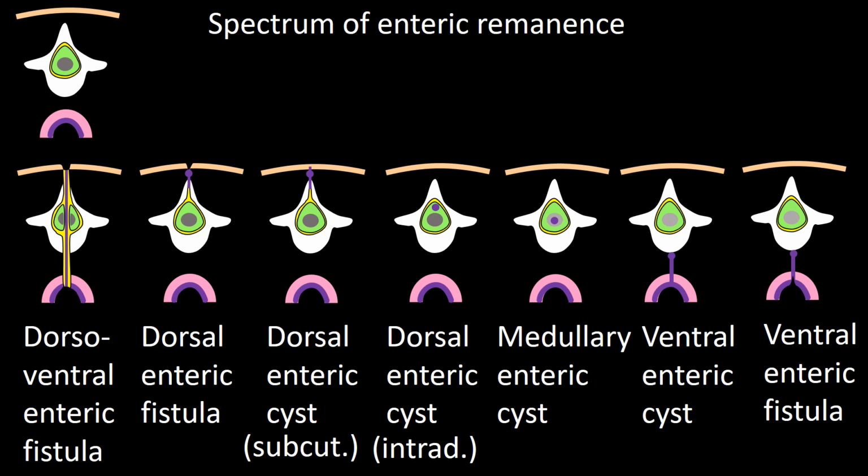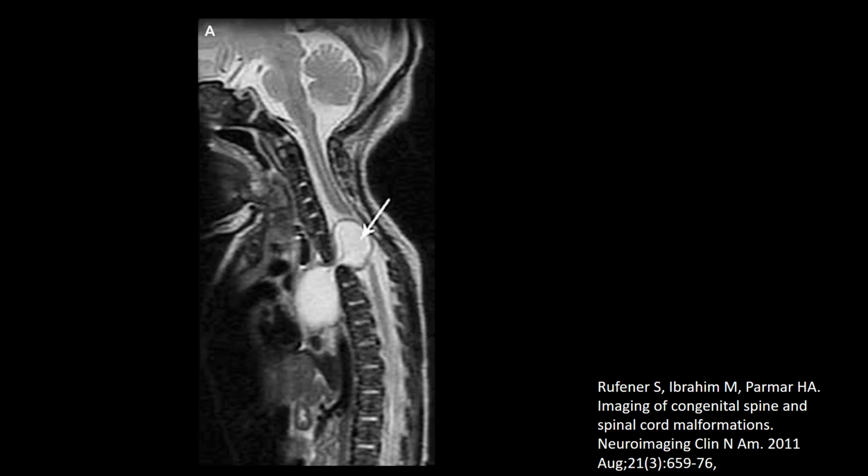I will now show you some MRI of patients with abnormalities due to enteric remnants. This image corresponds to a condition produced by enteric remnants not present in the previous cartoonish representation of malformations due to enteric remnants. So, I have now introduced a drawing that provides a pictorial representation of the abnormality.